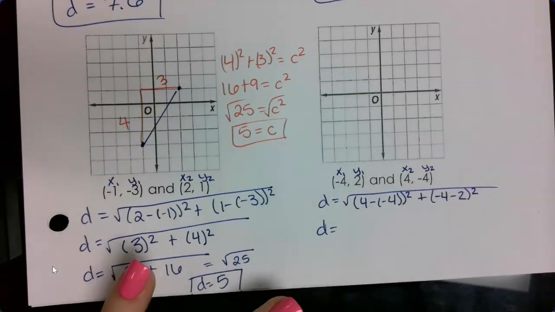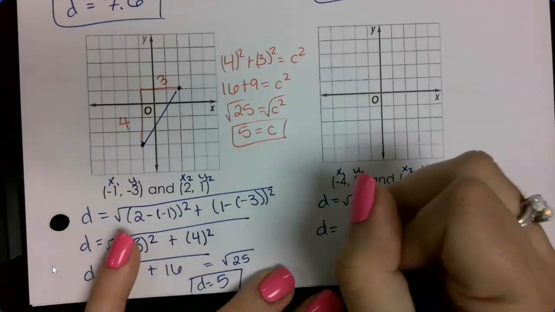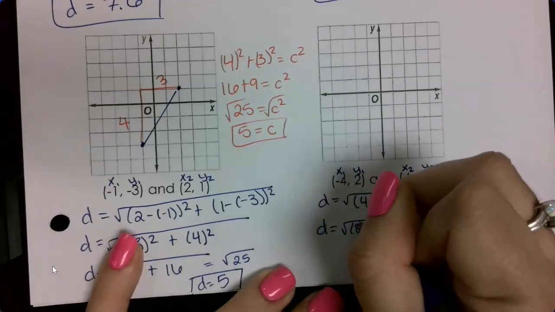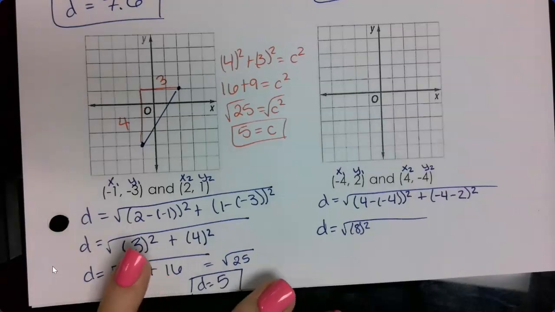Four minus negative 4, 8. And then negative 4 minus 2.